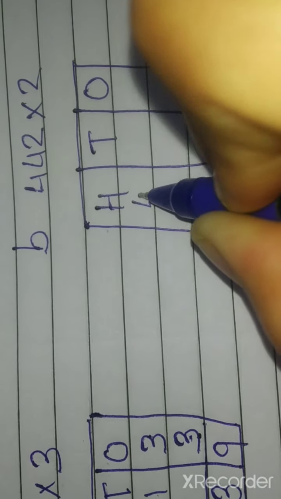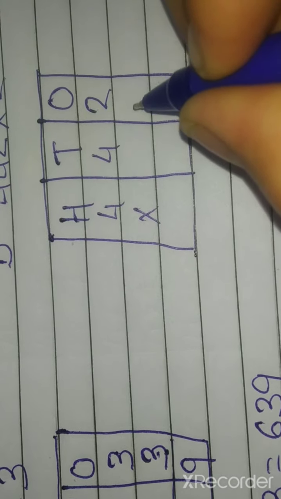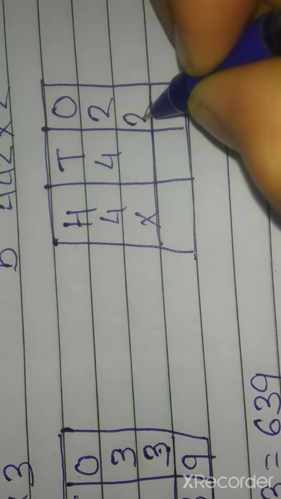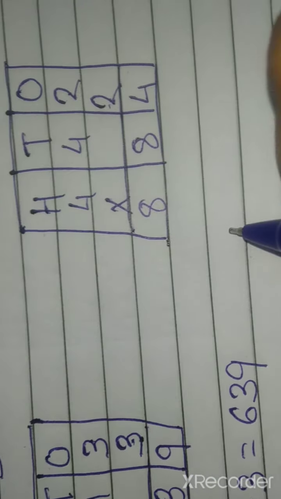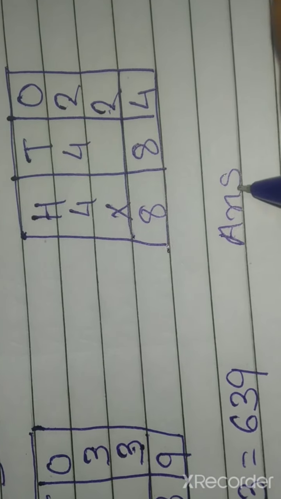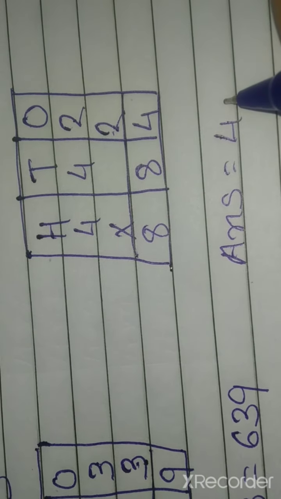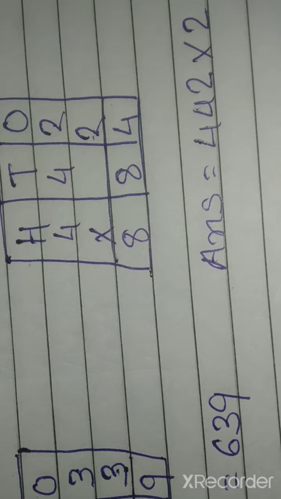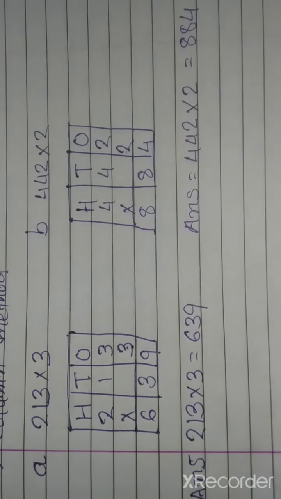We'll write here 442 into 2. Now we have to write: 2 2s are 4, 2 4s are 8, 2 4s are 8. So here we have to write the answer: 442 into 2 is equal to 884.